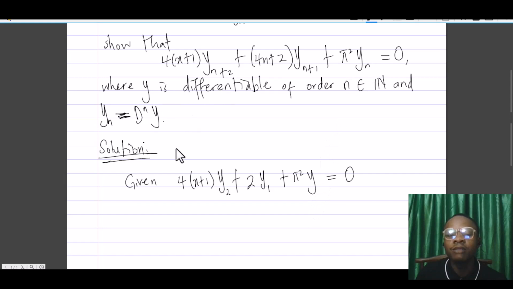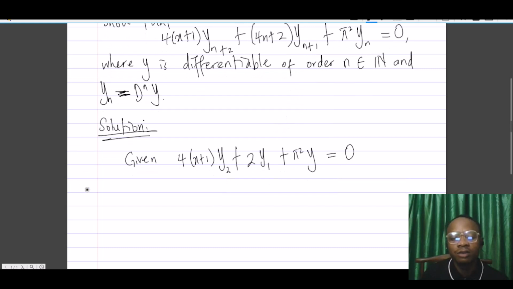So we can possibly get to this point by taking the nth derivative of this equation. If we take the nth derivative of both sides, then we expect that somehow we should get the nth derivative of y_2, the nth derivative of the second derivative, that will be the n plus 2 derivative, and this is going to give us something like this.